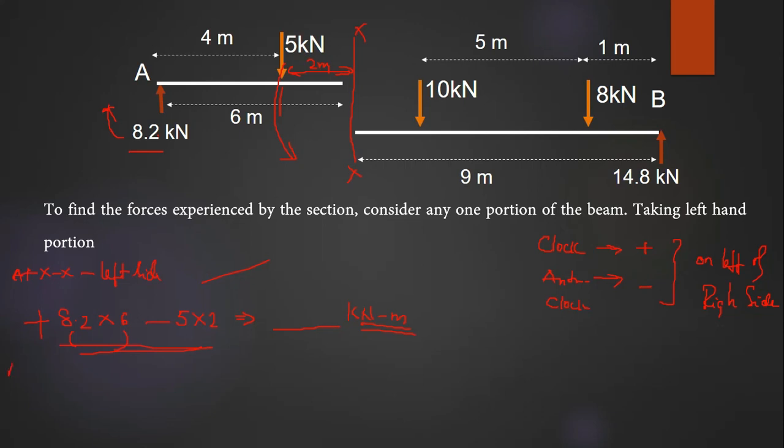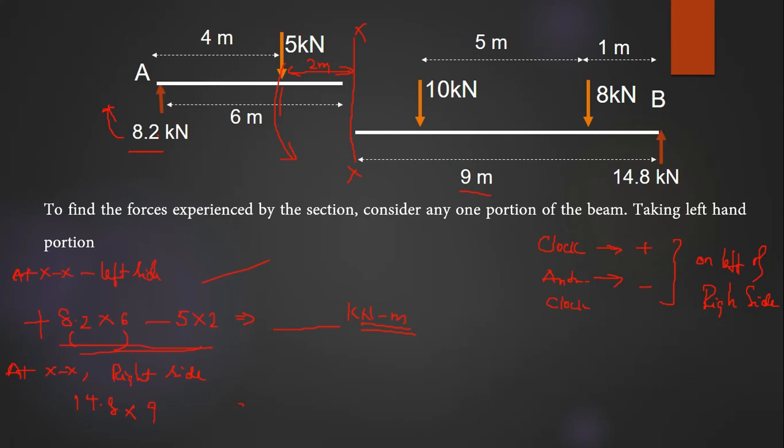So similarly at XX right side, if you consider, the moment at section XX is going to be because of three forces. The first force is 14.8 into its distance. What is the distance? 9. So this is the moment because of the 14.8 force.